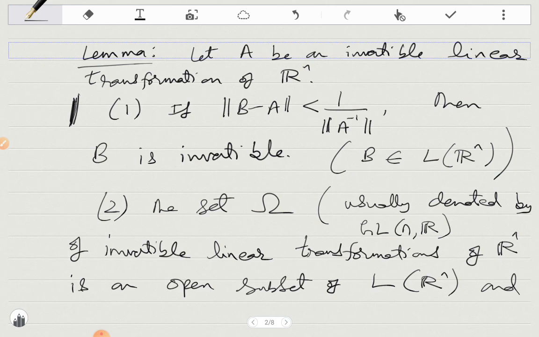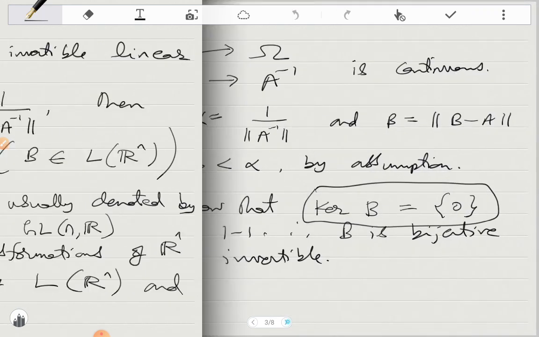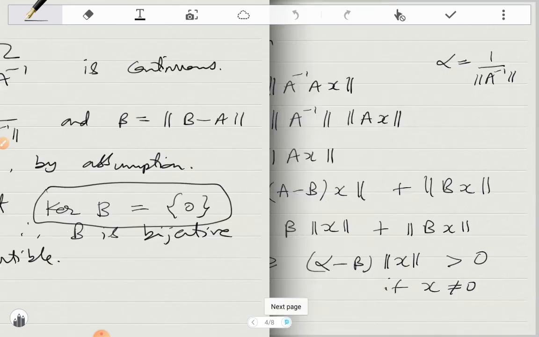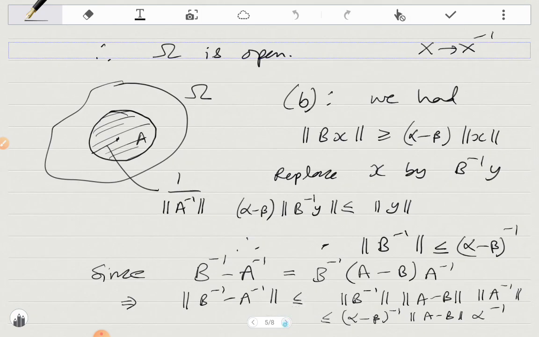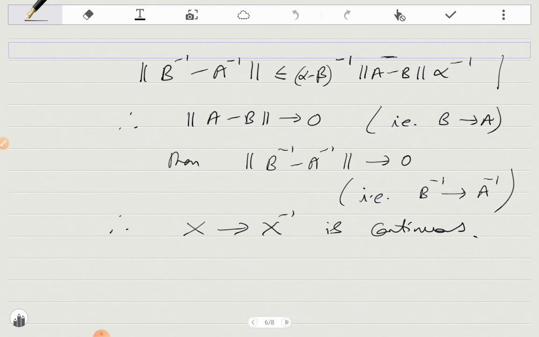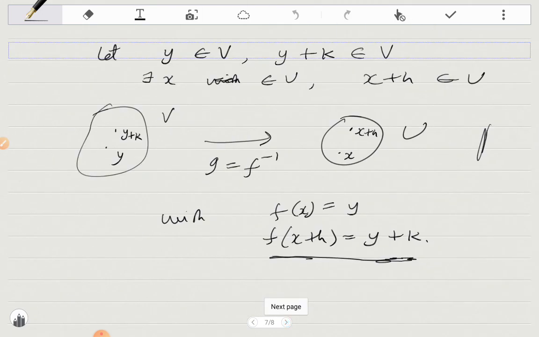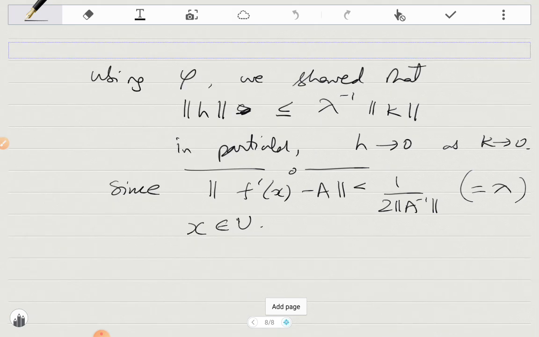Keeping this in mind, in fact, the proof of the inverse function theorem starts with keeping that in mind. Because that's how we got hold of the very first step, getting hold of the open set U, and that was defined by this same inequality. We have an extra 2 here, which was added for a different reason.